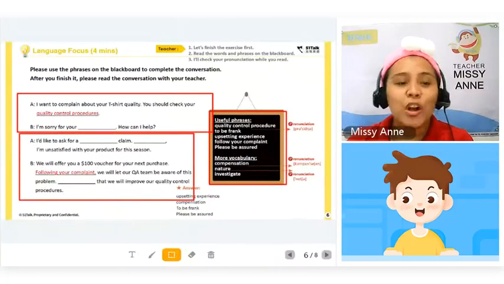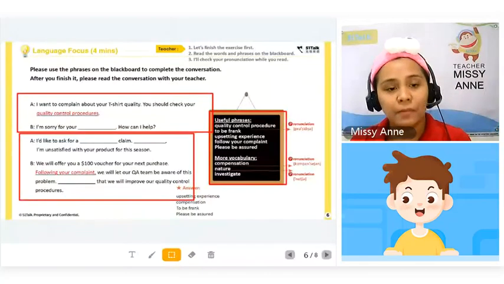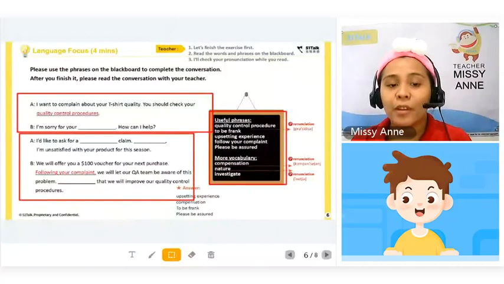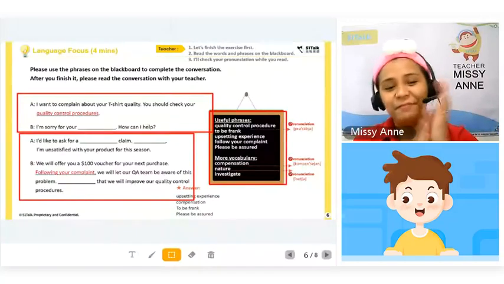Okay, and B? We will offer you a $100 voucher for your next purchase. Following your complaint, we will let our QA team be aware of this problem. Please be assured that we will improve our quality control procedures.